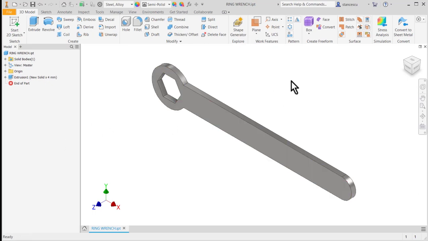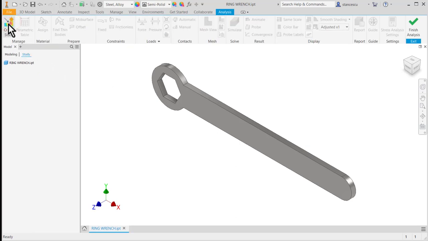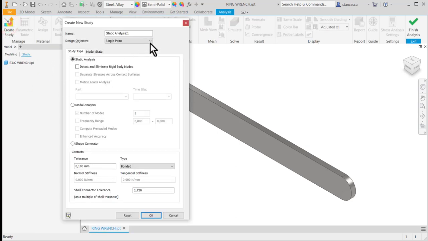Now you have to be careful with the procedure. The beginning is the same: Environments, Stress Analysis, Create Study, but now we choose parametric dimension instead of single point as the objective of this analysis.